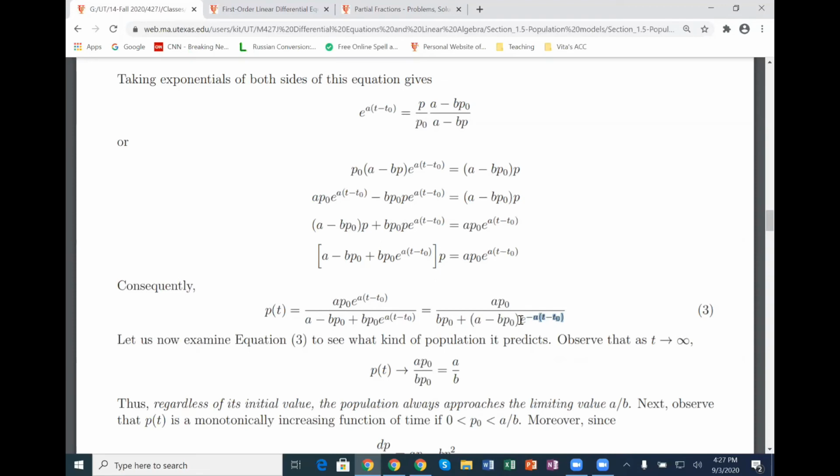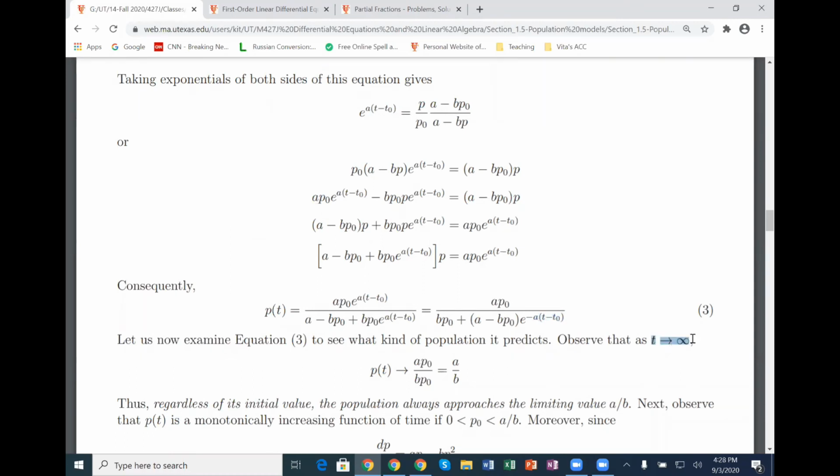And now we raise e to a huge negative number. Think about, for example, e to negative 100 power. E to negative 100 power can be rewritten as 1 divided by e to positive 100. But e to positive 100 is huge. When we divide 1 by a huge number, the result is a number which is very close to 0.